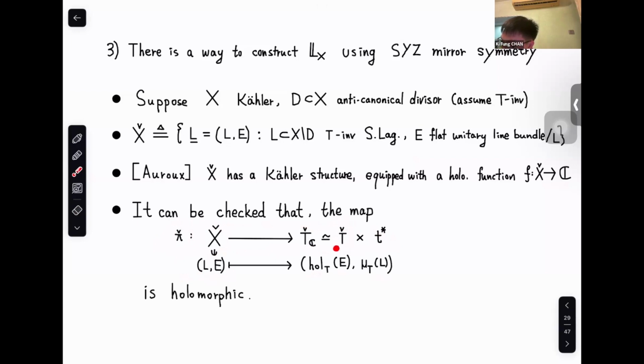For the compact part, it is equal to the holonomy of E, and for the non-compact part it is given by the moment map value of L. We can check that this is holomorphic. So this map is just one map. You do not need to take an infinite sum, so no convergence issue.